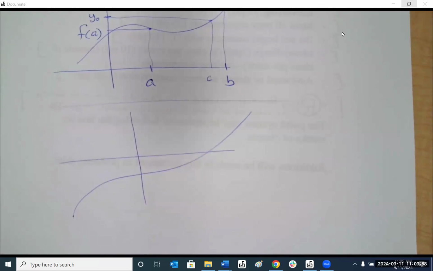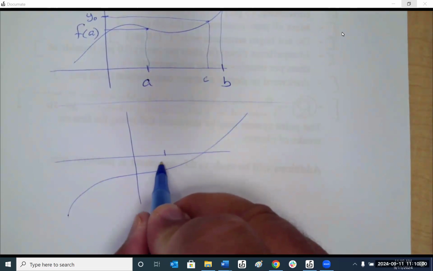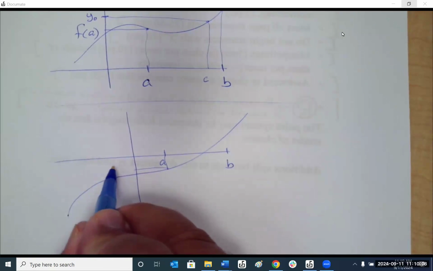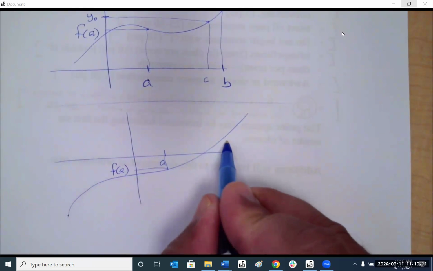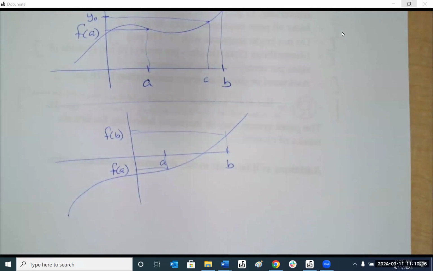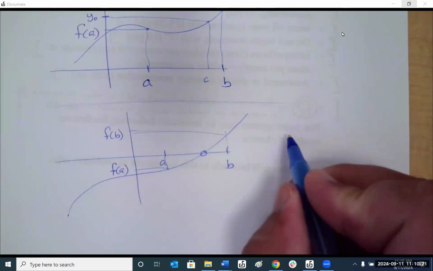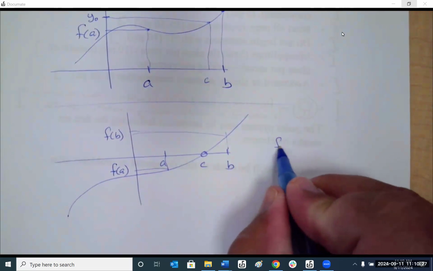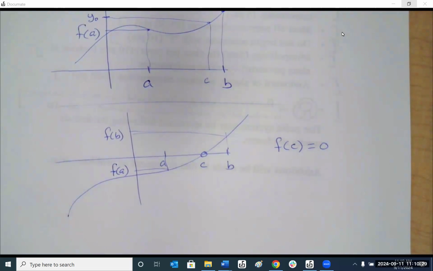If we had some function like this on a closed interval [a, b], if f of a and f of b had different signs, that means there has to be a c somewhere between a and b where f of c is equal to 0. That's when we first introduced the intermediate value theorem back in algebra.